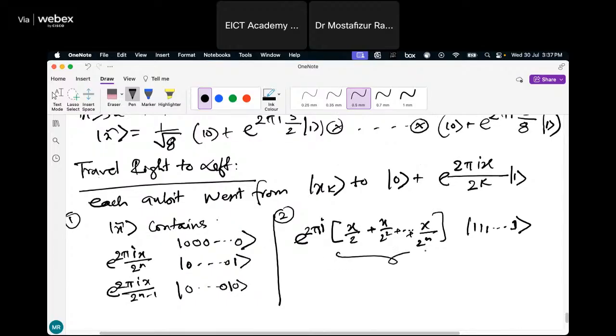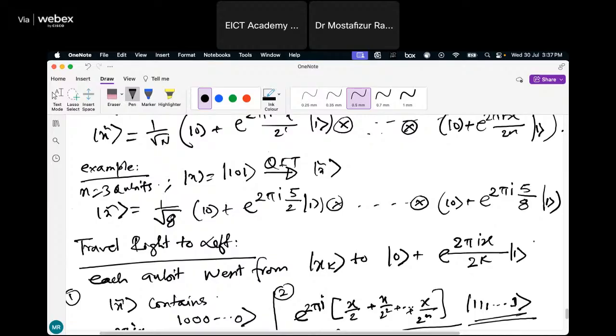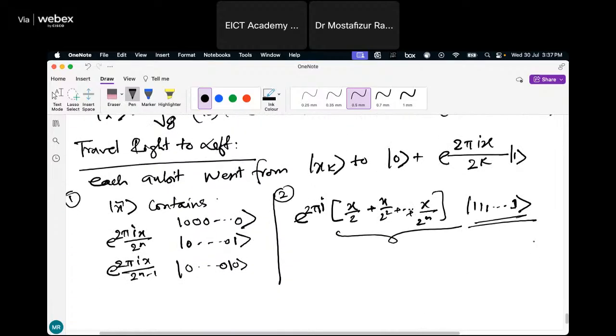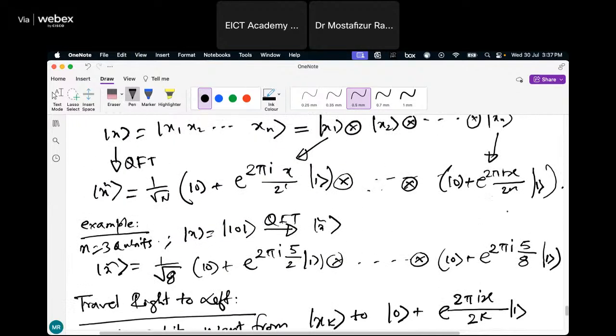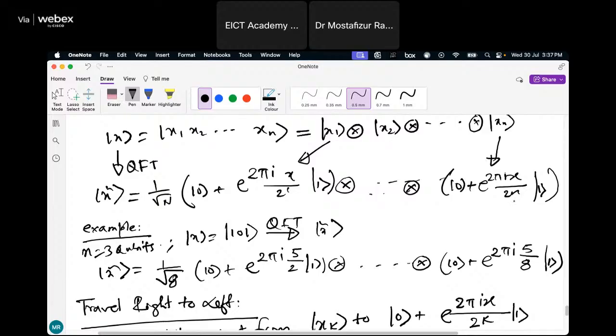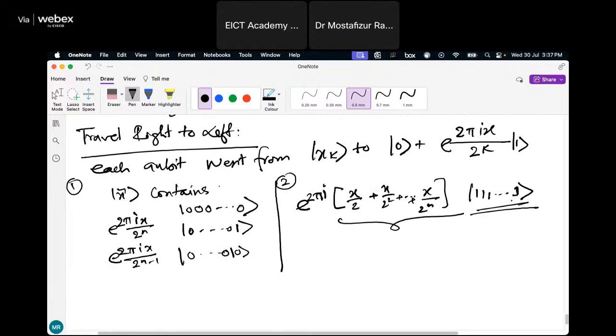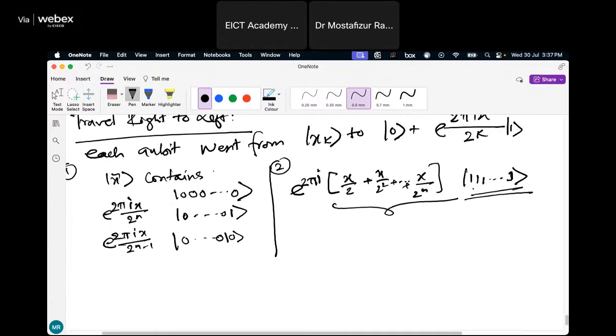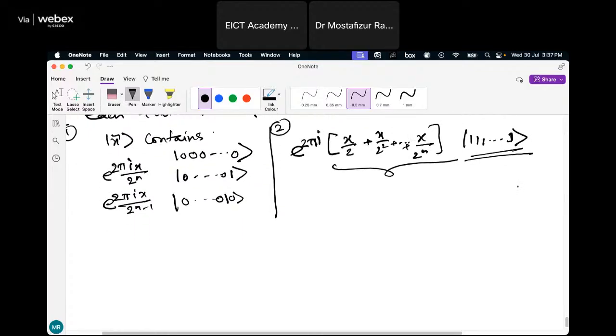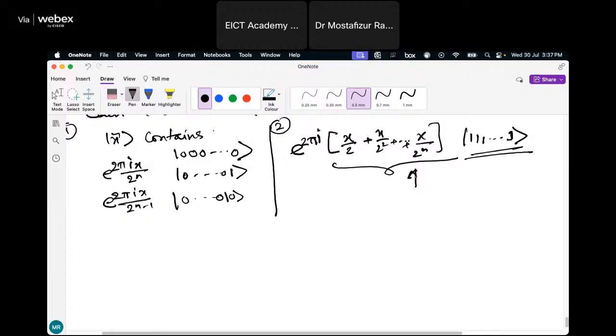This will be the phase factor for this particular qubit state, because ultimately your representation of the information will be in these basis states, all 0 to all 1. Although when you implement you will follow this broken-up tensor product form, mathematically the information is represented in terms of the n qubit representations. So this is the phase part.